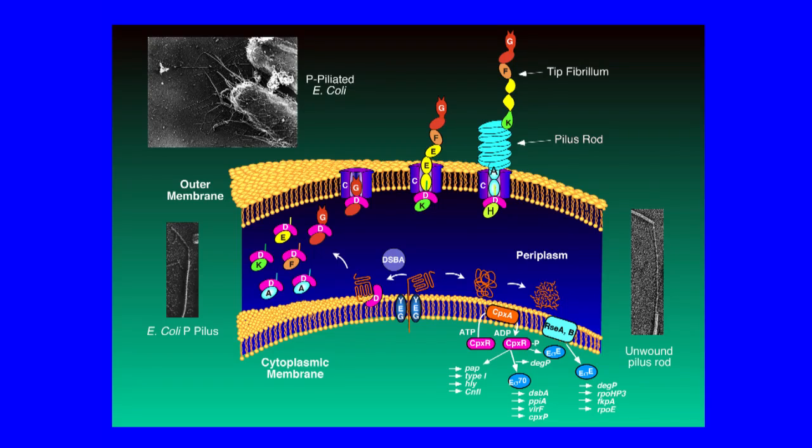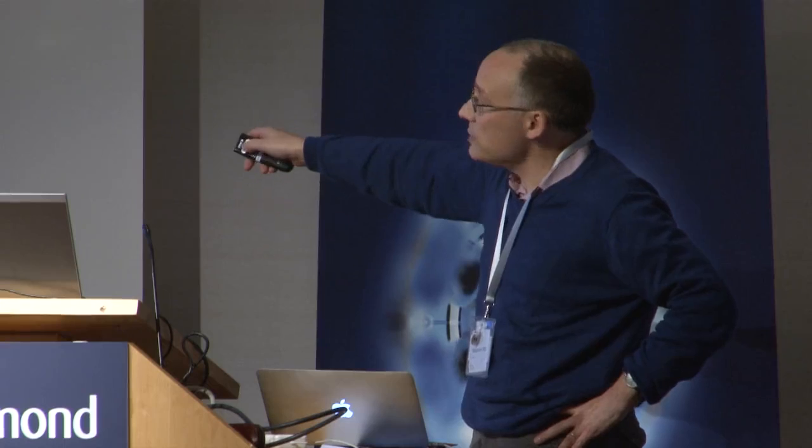Okay. So the first one to go is first this one, okay, because this red subunit G has to be at the end, so it has to be assembled first. Okay. So this DG complex will go dock onto this outer membrane protein. By the way, this outer membrane nanomachine, we call it the usher.